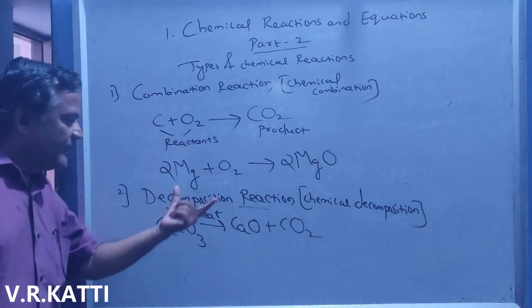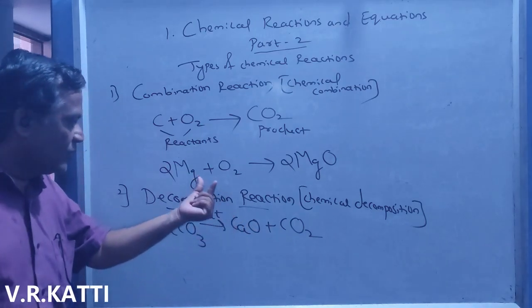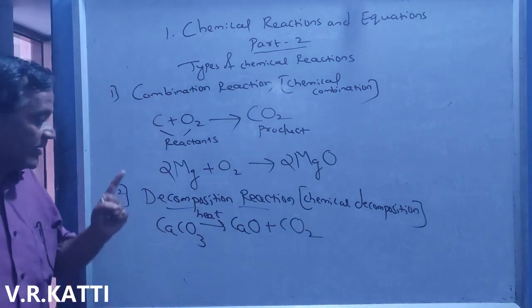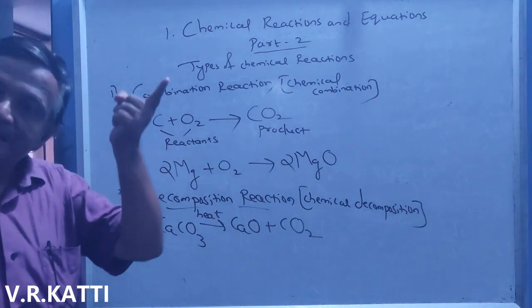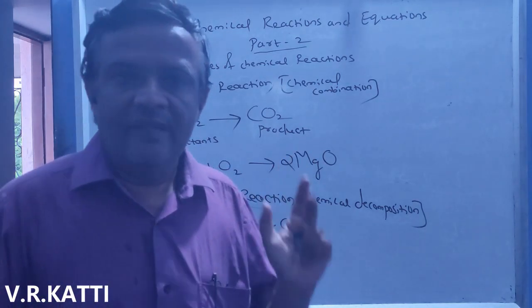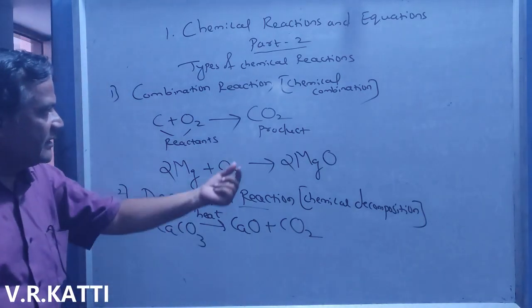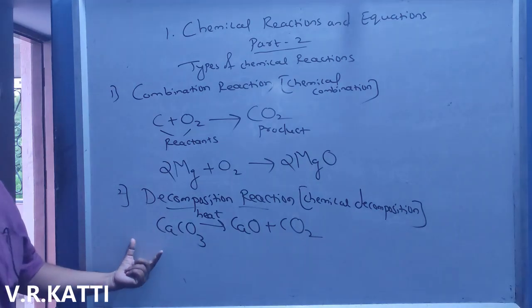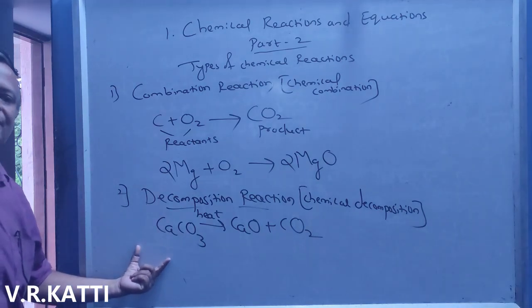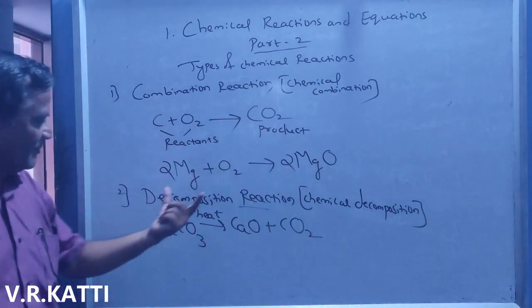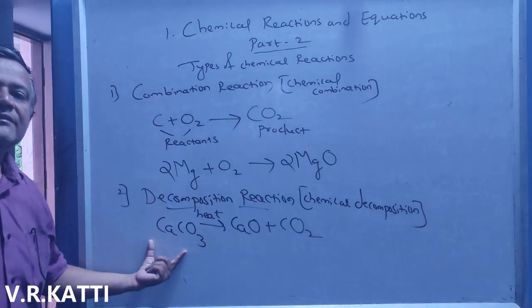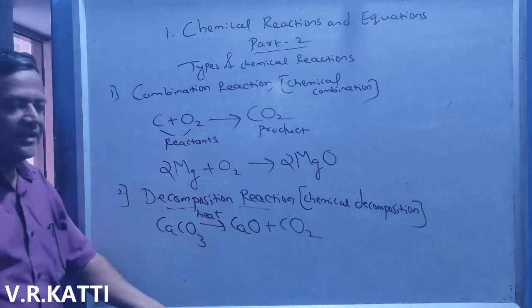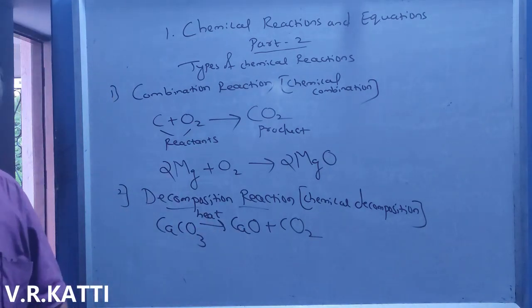So it is called decomposition reaction. It is the opposite: there the product was single, but here the reactant is single. If there is a single reactant and 2 or more products, then it is a decomposition reaction.